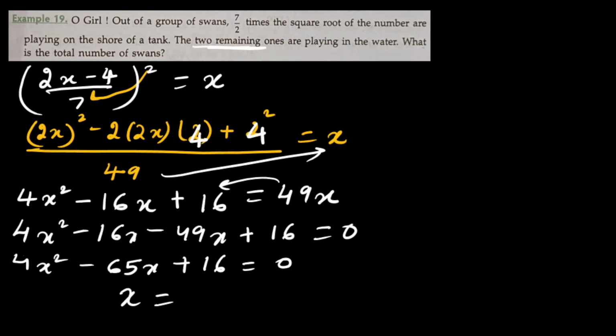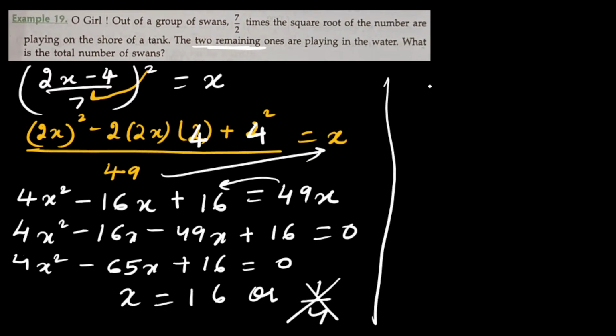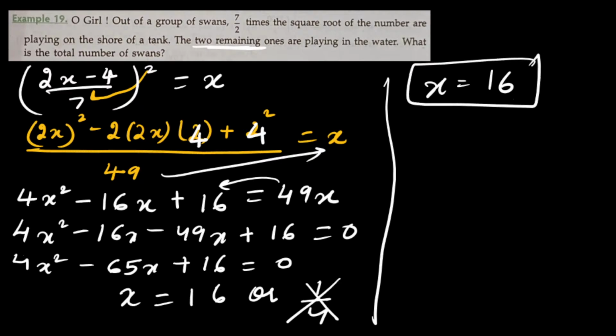So after solving here, I'll tell you, you will get the value of x as 16, or 1 by 4. So here the number cannot be fractional because we are talking about a number of swans. So x value 16 we will accept. So that means the total number of swans is equals to 16. You can just check, you can do it on your own.